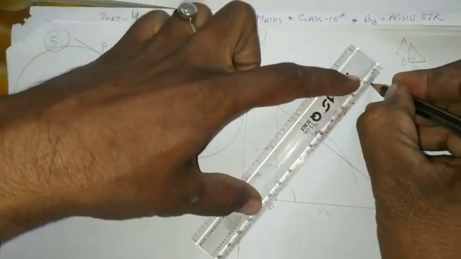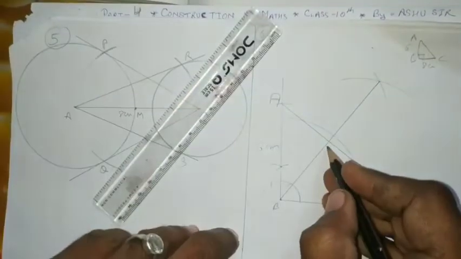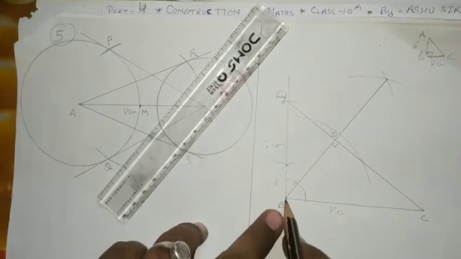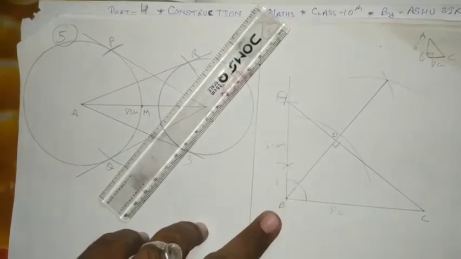Joined with B, you get the right angle from B on AC, that is BD.